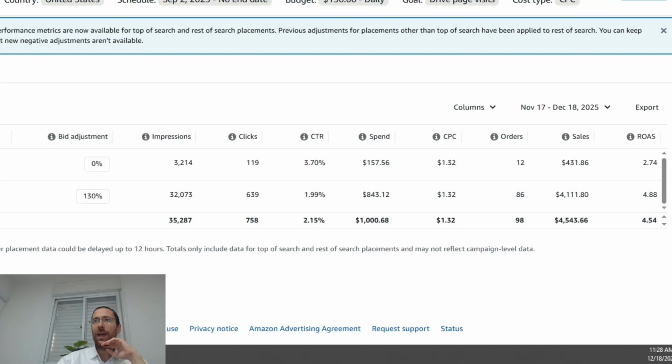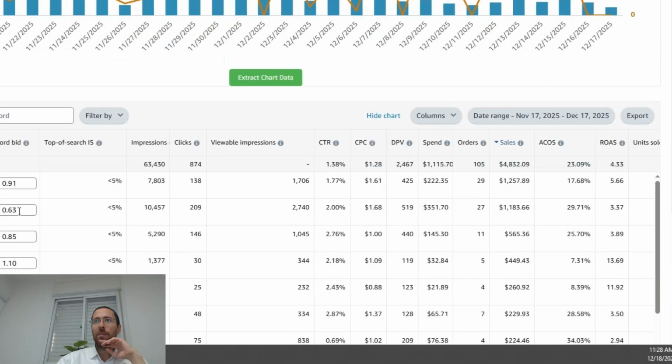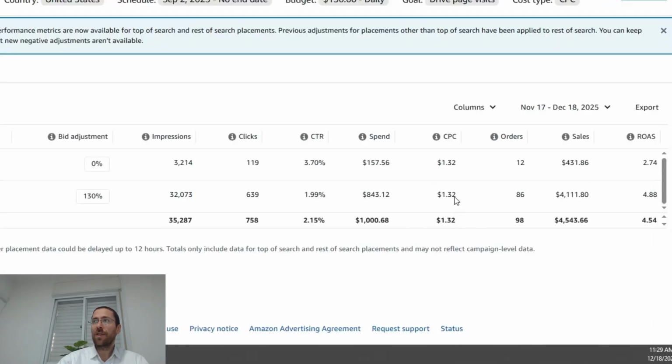When you add that over here, that makes this bid for rest of search only, let's see, 100% would take us to $1.26. And another 30% of that is roughly another 21 cents. So we're talking about a $1.47 bid in practice, but only for rest of search. And that reasonably should get us either a CPC of $1.32 or a little bit higher than that.